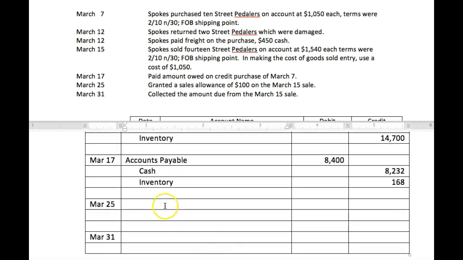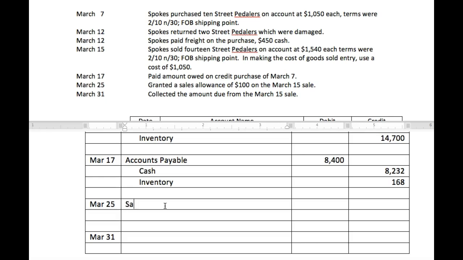All right, the next one, on March 25th, we granted a sales allowance of $100 on the March 15th sale. Remember, a sales allowance is a discount that we give a customer. Maybe they want to return a good. So in order to get them to keep it, we will offer them an additional allowance so that they do not return the good to us. We try to make them happy even though it wasn't exactly what they wanted, and it saves us from having a return.